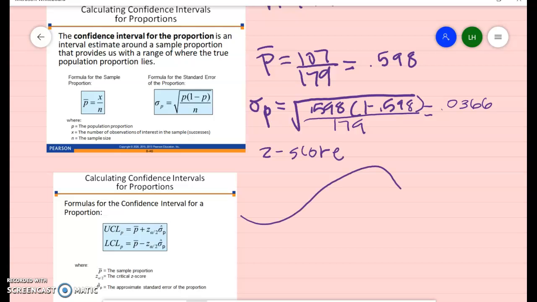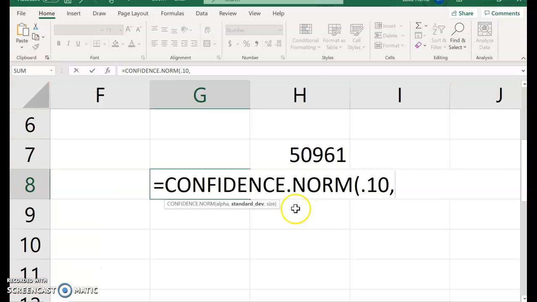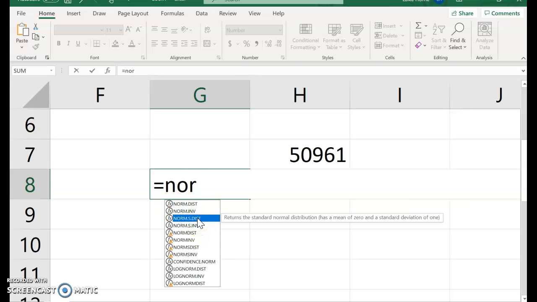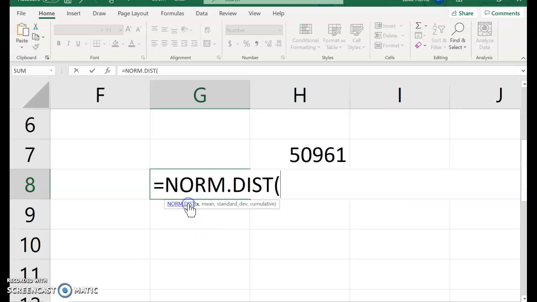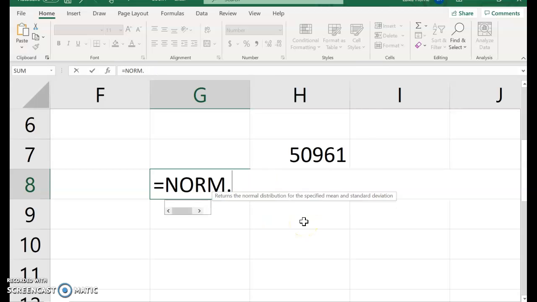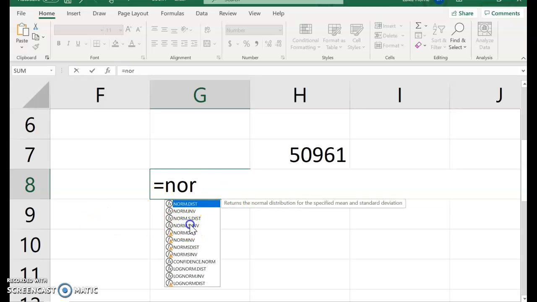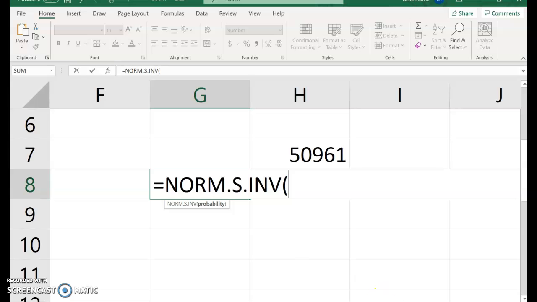Now we have to figure out what our z-score is. For a 90%, actually, we're going to use Excel on these. So we're going to do norm.s.inv, it's the inverse, because we're going to give the probability and get our z-score.